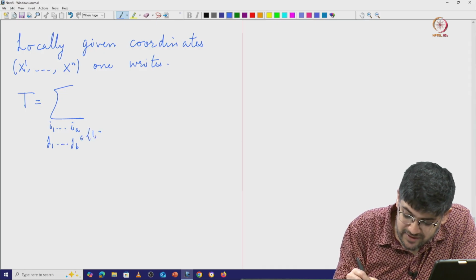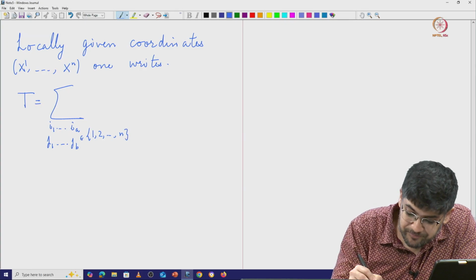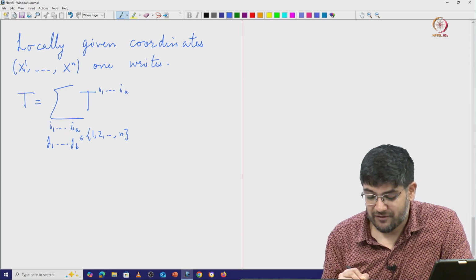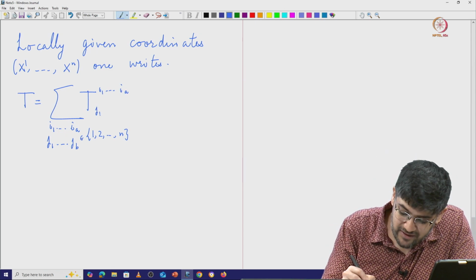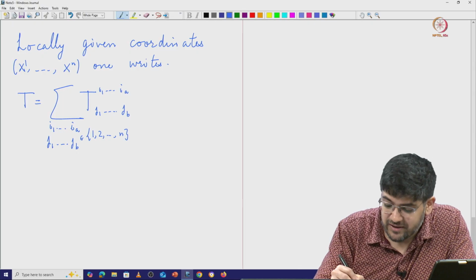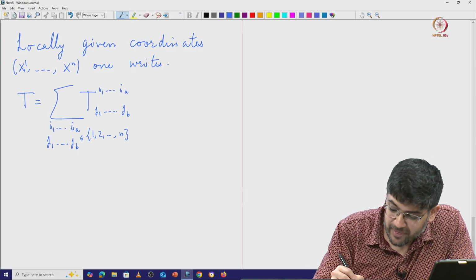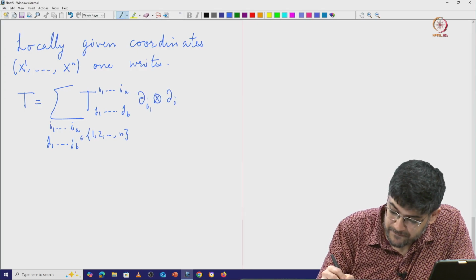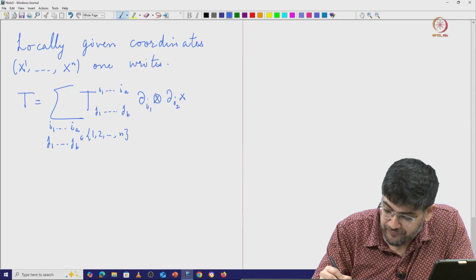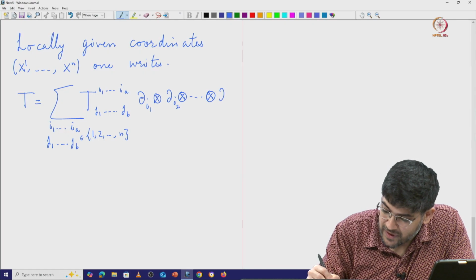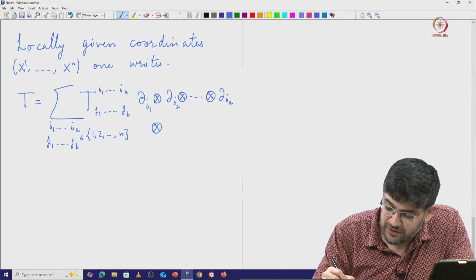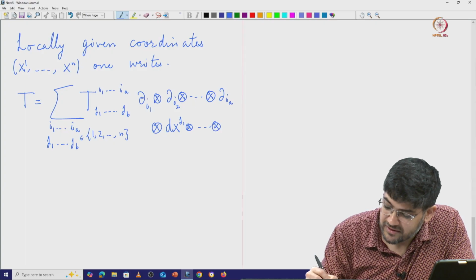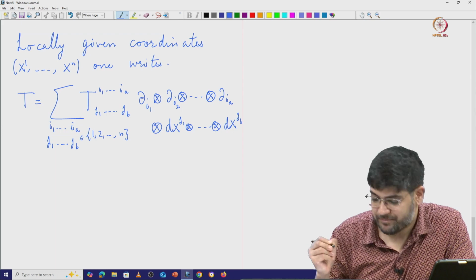It will have upper indices I1 to IA, lower indices J1 to JB, tensored with dx J1, tensored etc. up to dx JB.